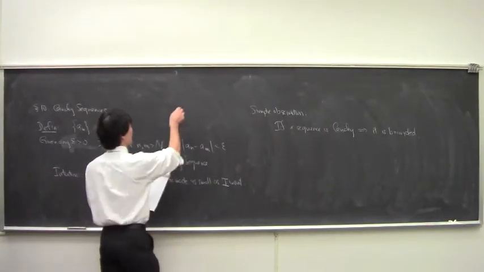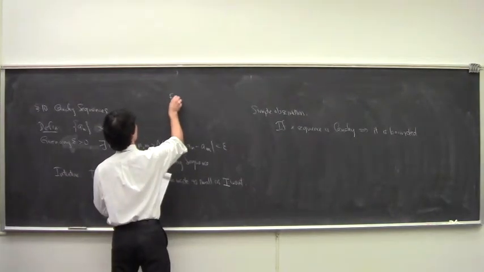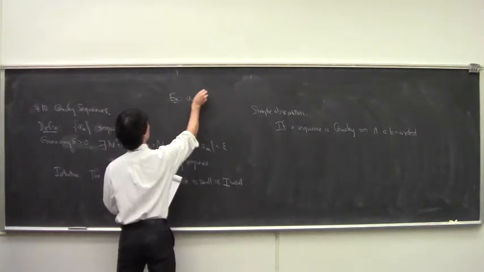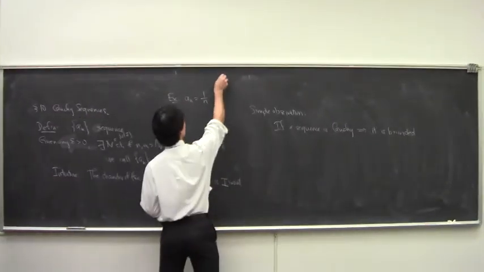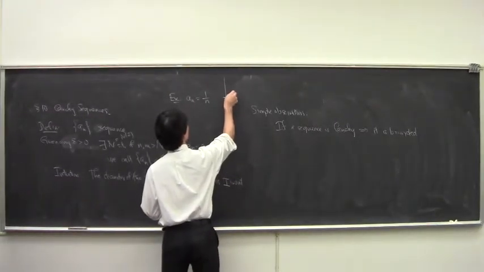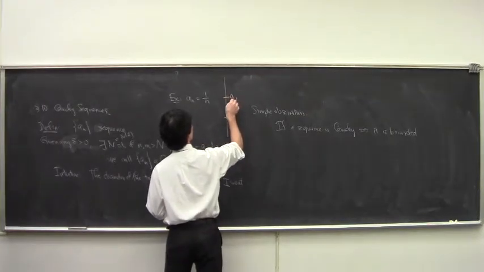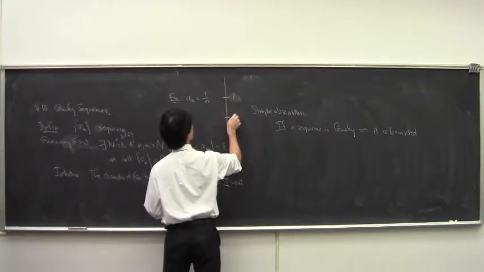Let me step back for one second and give an example. Let a sub n be 1 over n. So at time 1 you get a1, this is 1, this is 0.